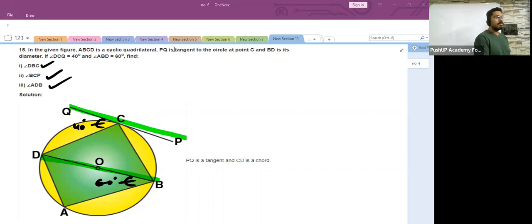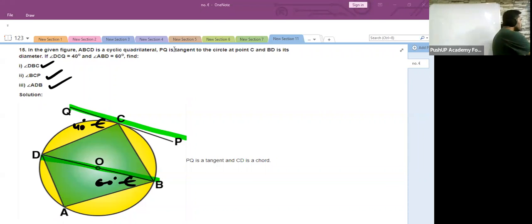Angle between... That even I know. Perfect. Very good, Anuki. You explain. How can you express this angle DCQ? It is the angle formed between the tangent and the chord, isn't it?